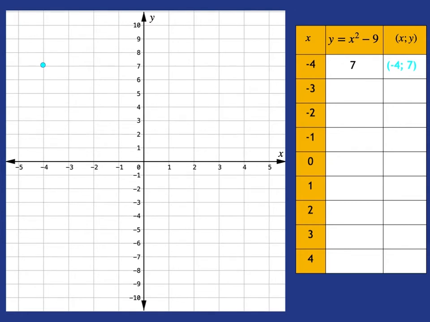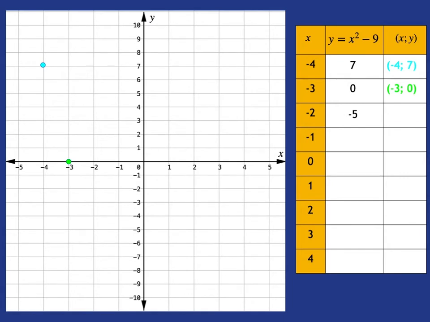We can go through and do the same for all the rest of our values of x we have here in this table. So for -3, we calculate the corresponding y value. We see we have that coordinate pair, and we go ahead and plot it on the graph. For x is -2, we do the same thing.